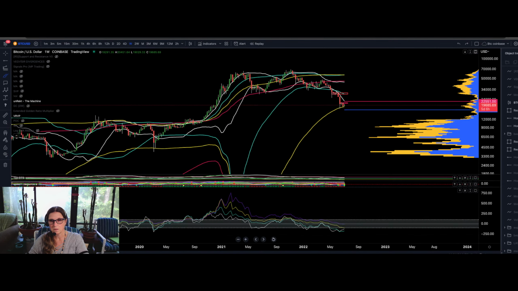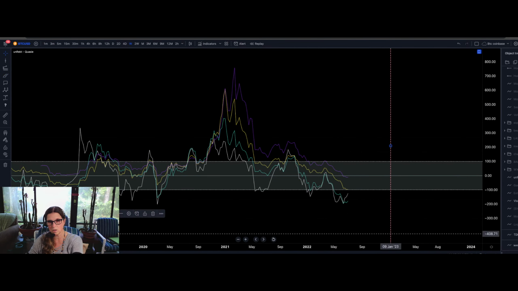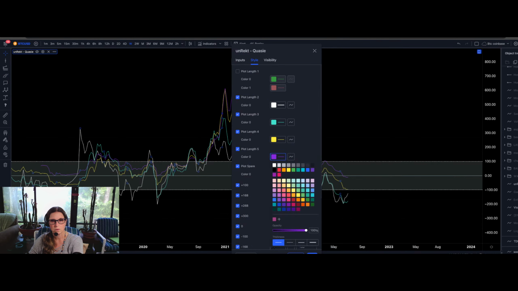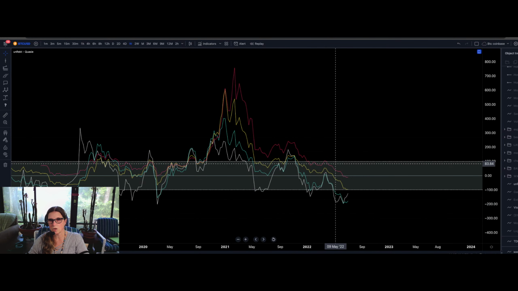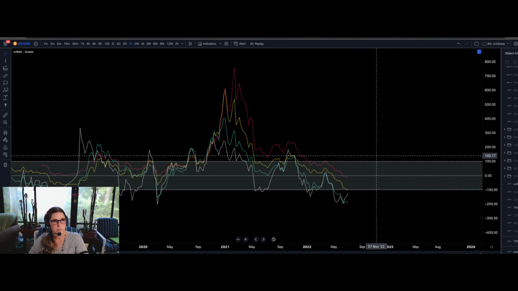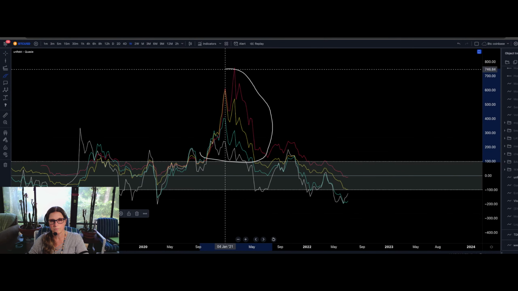Now, this bottom one goes together with the top one. Same thing. I'm going to change this one color. Okay. Same colors that go with the top. Imagine this box as a cage, a box, whatever you want to call it. But the moving averages don't like to be on the top.